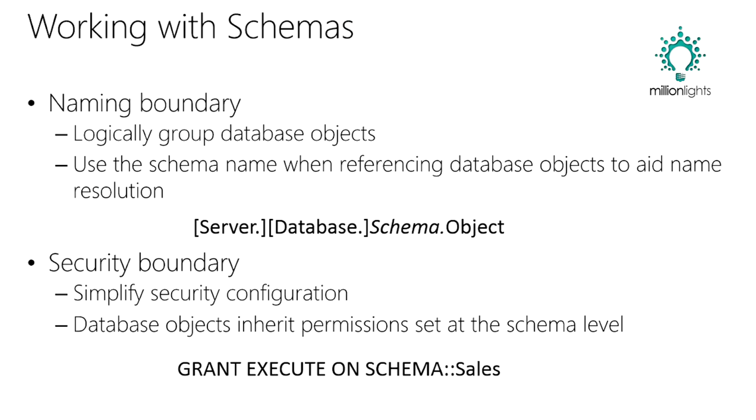Here's an example at the bottom of the slide where we can use the grant execute command to allow somebody to execute any code that's part of the sales schema. So in this example, if I had multiple stored procedures in there, rather than explicitly granting execute on each individual stored procedure, granting it on the schema, it then inherits that permission. Yes, exactly.